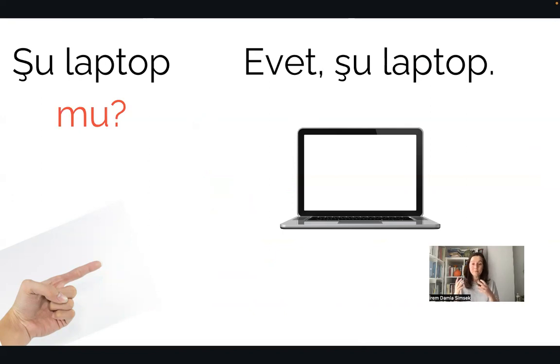Remember, şu means that, because it's far away, you cannot touch it, it's not close to you, so we use şu. Şu laptop mu? Evet, şu laptop. So when you add this mu, you make a question that can only be answered with yes or no.